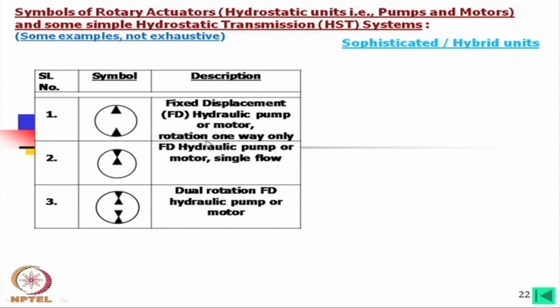In that case, you rotate one way and have it as a pump, and it can also be used as a motor by changing the valve configuration or something like that.